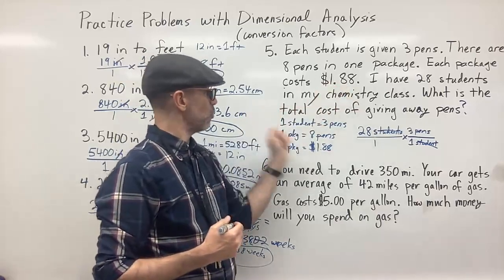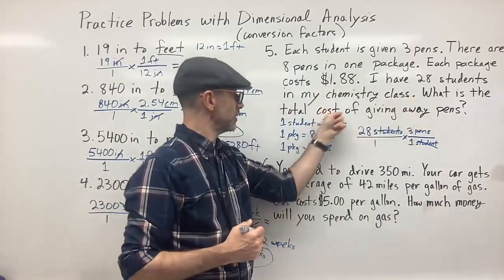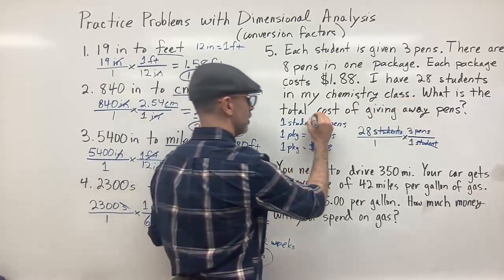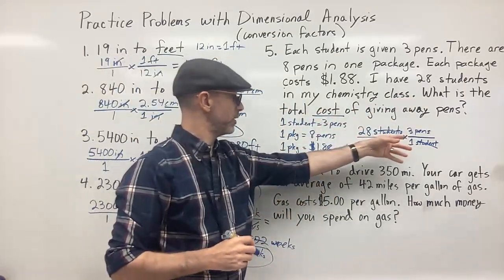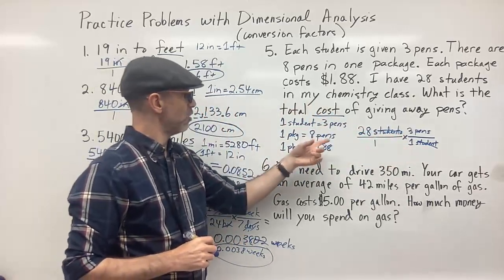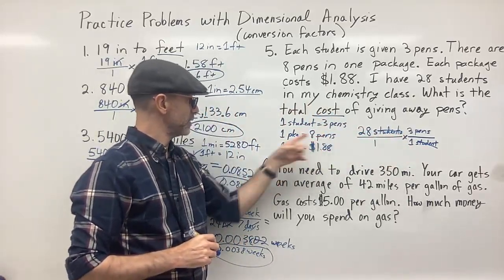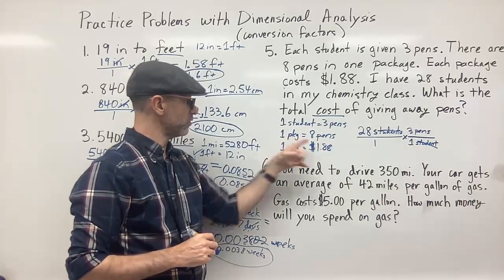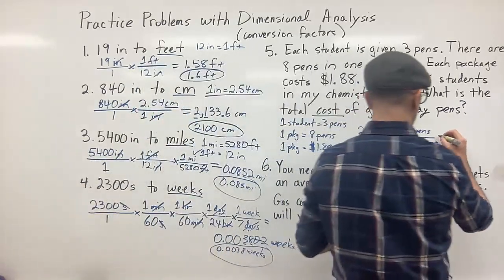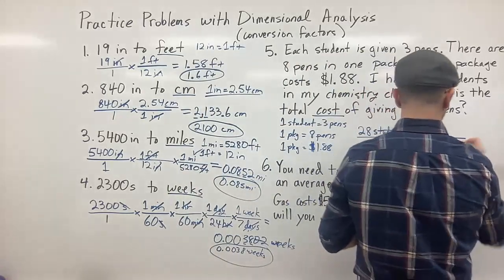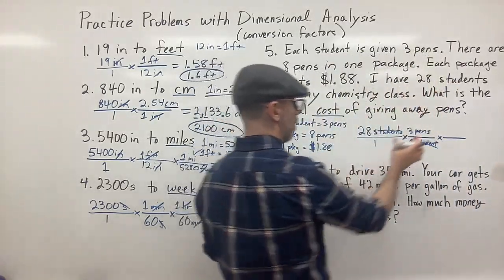But I want dollars. I want the cost in dollars. So let's underline that, cost in dollars. So now I have pens. Now I have a relation between pens and packages of pens. So let's use that. Convert pens to packages. So my next conversion is going to be, now I have pens.